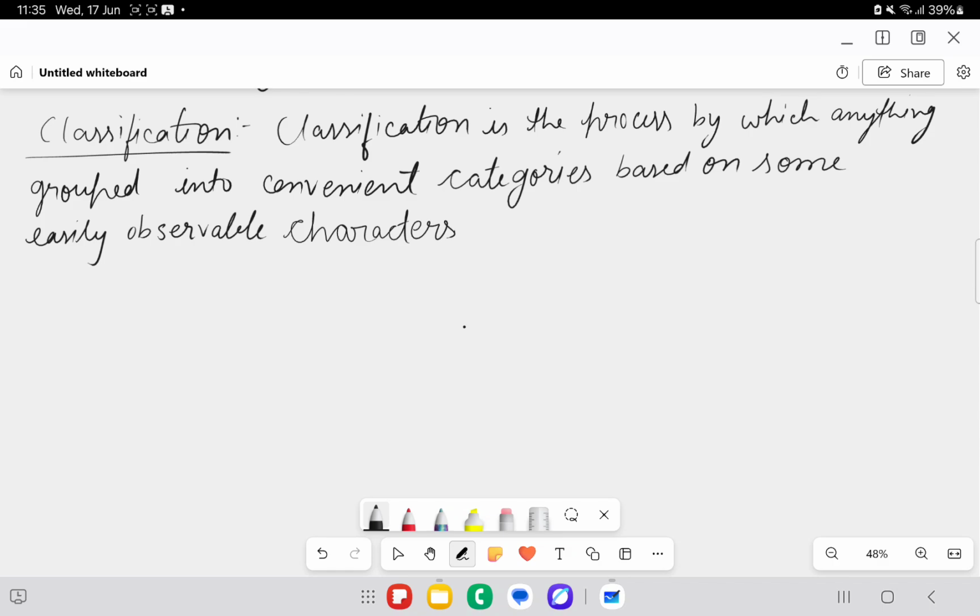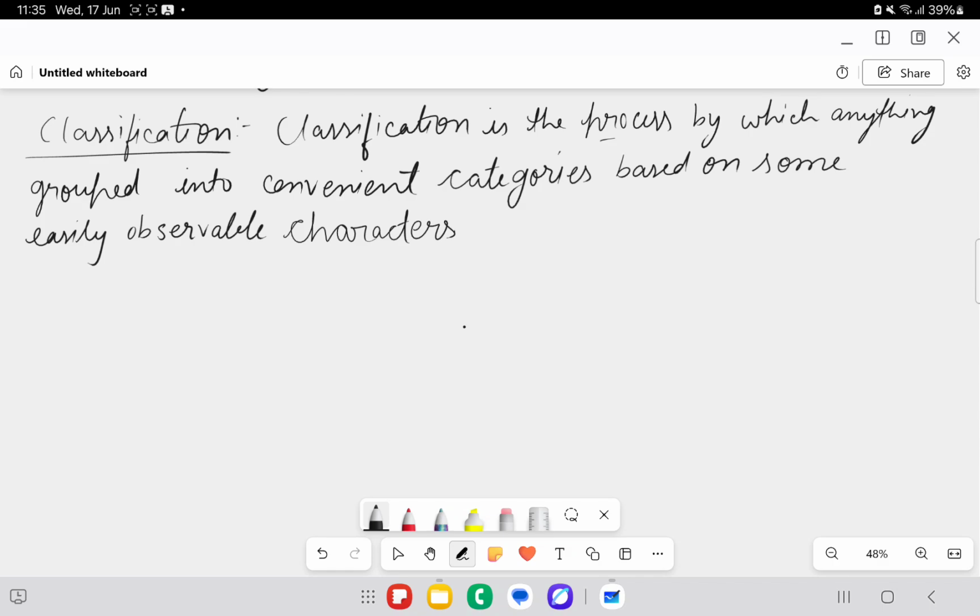What is classification? Classification is a process to classify animals into different groups on the basis of their similarities and dissimilarities. Like plants and animals are divided into two groups, one is plant, the second is animal, on the basis of their characteristics.